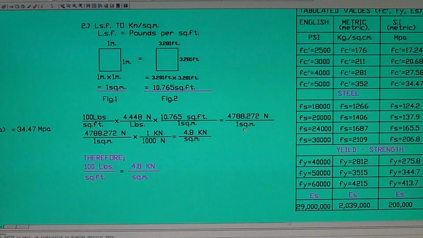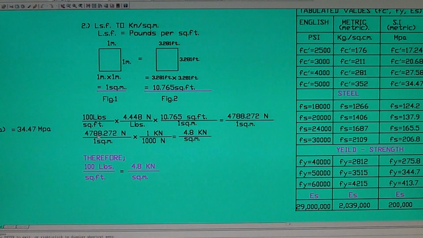In 1 kilonewton there are 1,000 newtons. So Newton there per square meter, 1 kilonewton has 1,000 newtons. So therefore you divide this by 1,000. In dividing a number with 1,000, you have to move the decimal point 3 places from the right to the left.